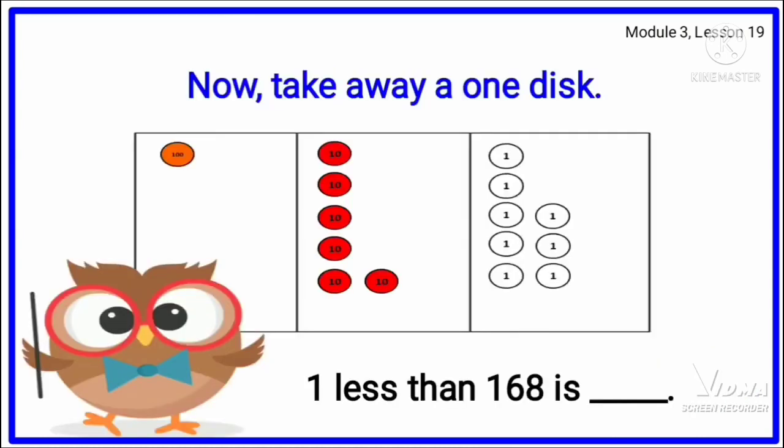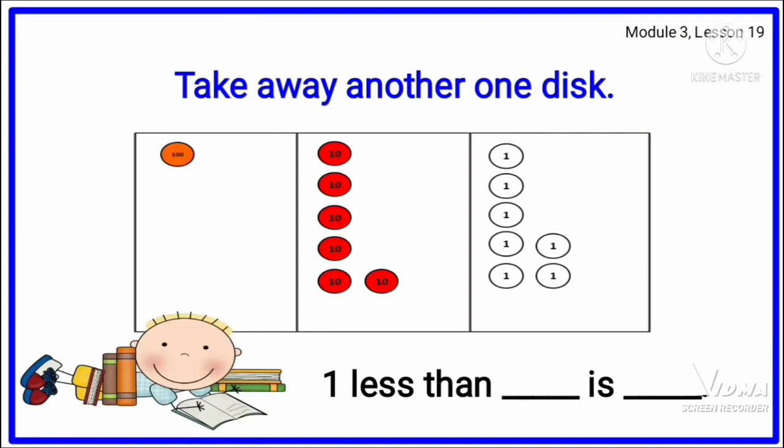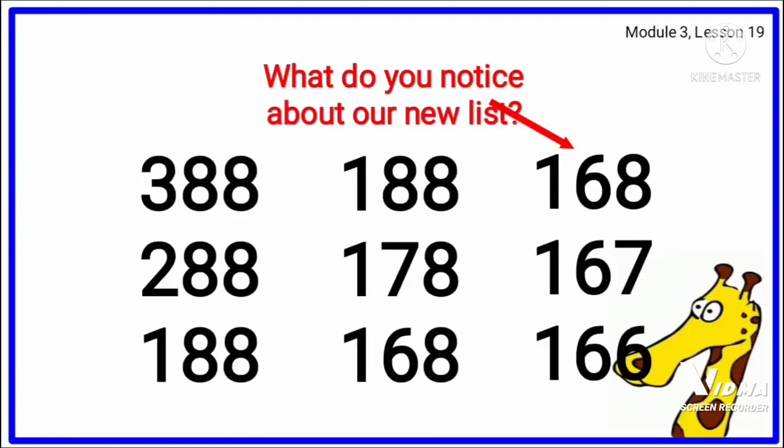Now take away a 1 disc. We have 168. So 1 less than 168 is 167. Let's take away another 1 disc. That is 1 less than 167, which is 166. So notice what you've done.